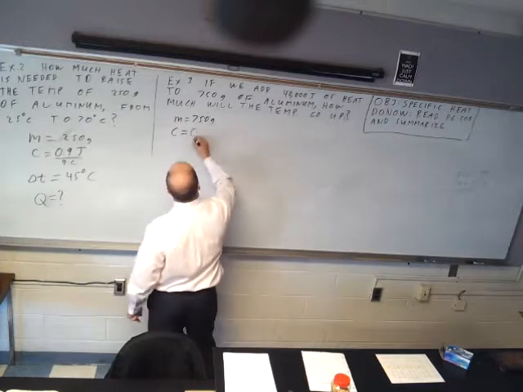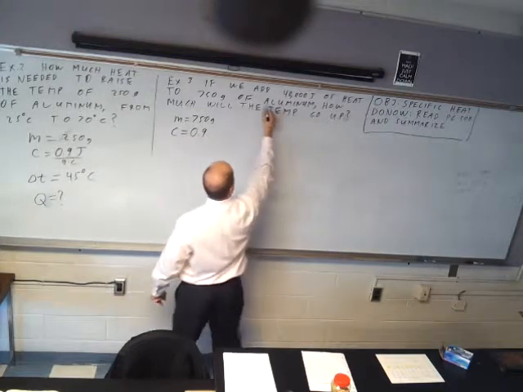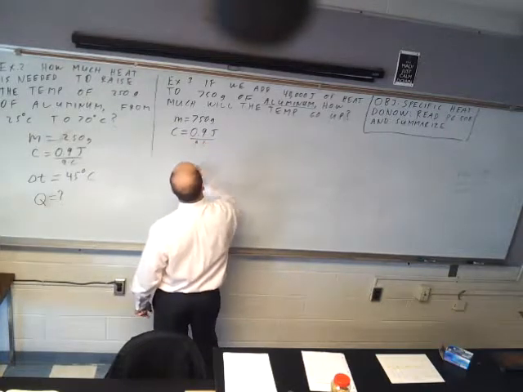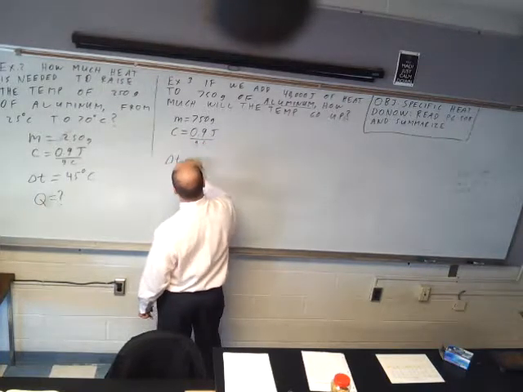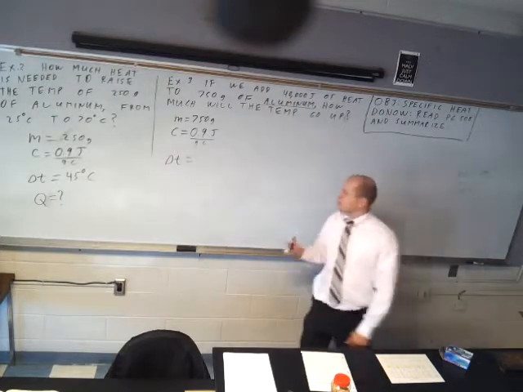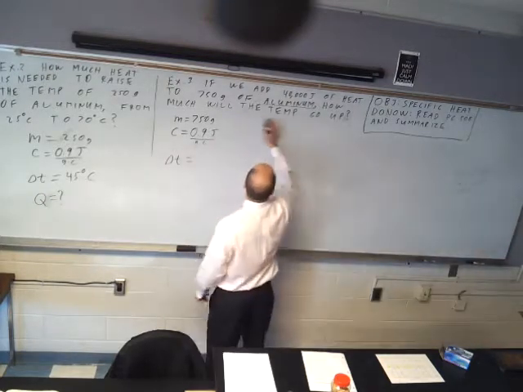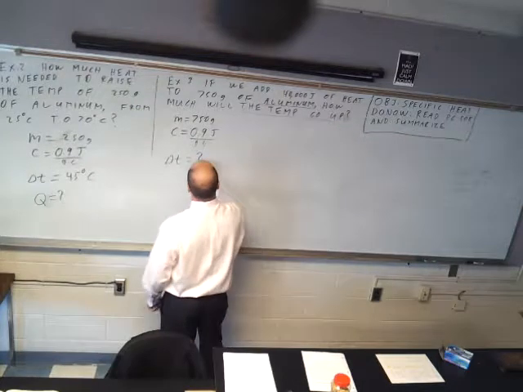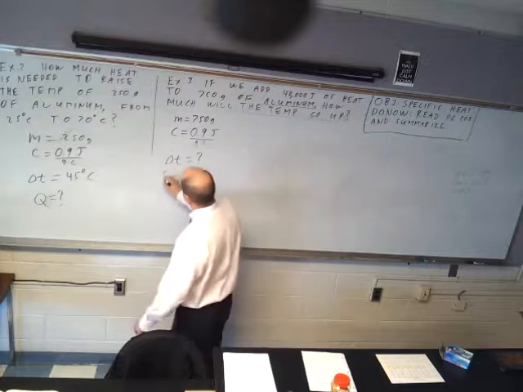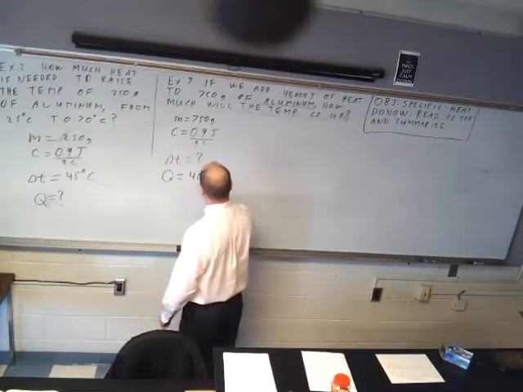That comes out of the table, because we know it's aluminum, right? Joules per gram Celsius. Delta T? We don't know what delta T is. That's the thing we're trying to figure out. How much will the temperature go up or go down? Either way, that would be delta T. And then Q, we have 40,000 joules.